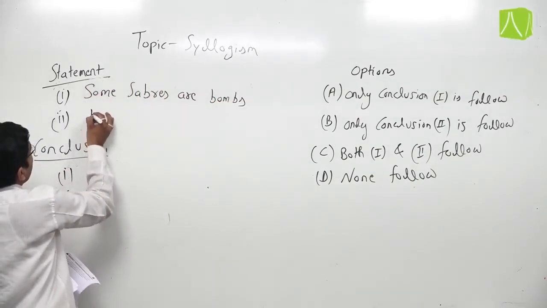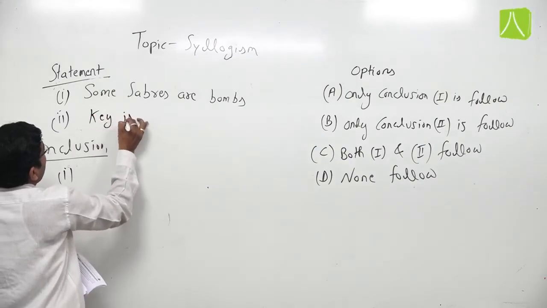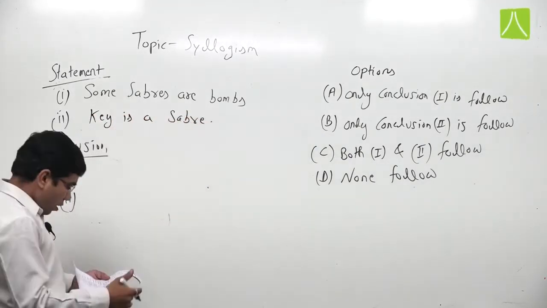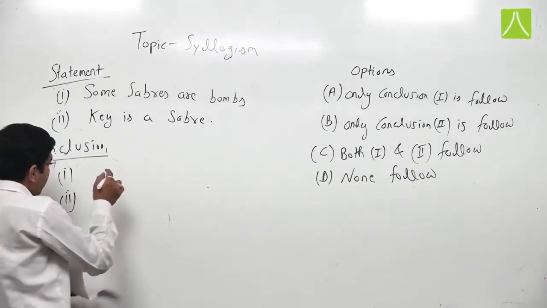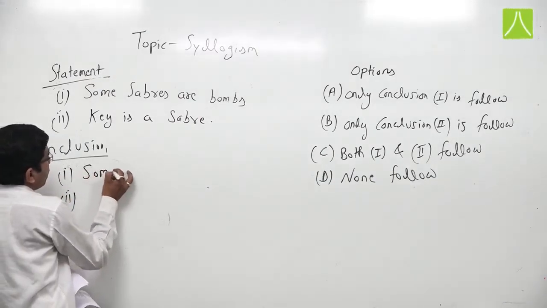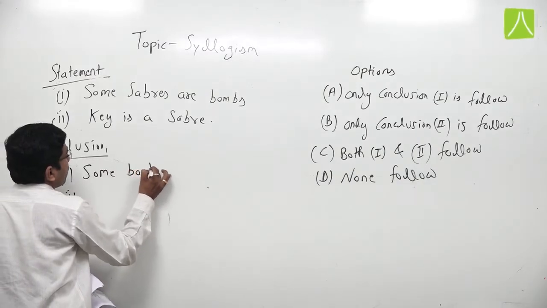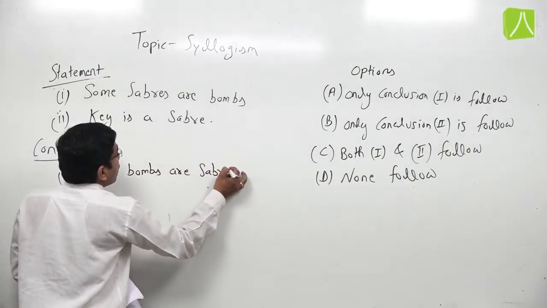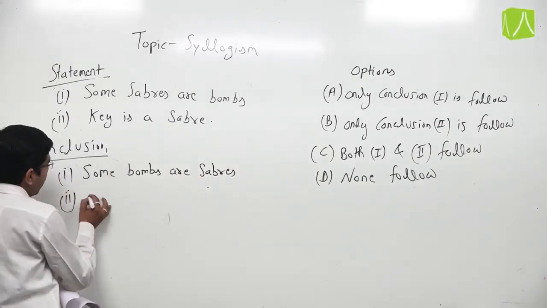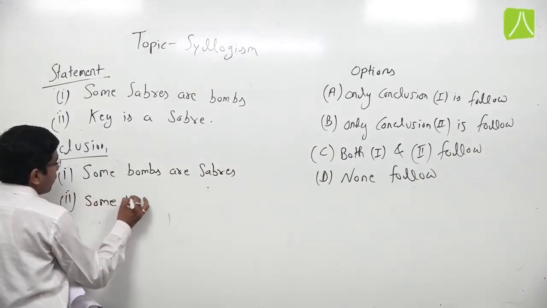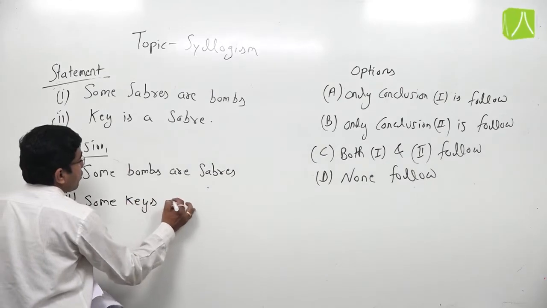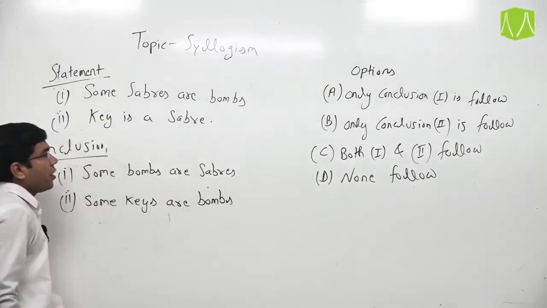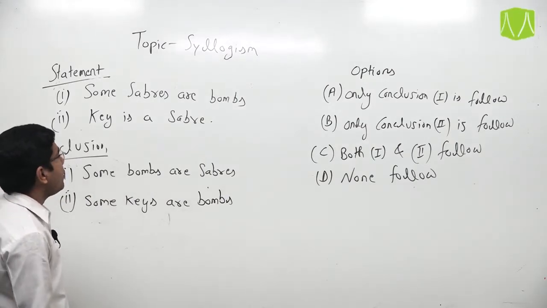Second statement: key is a saber. Now we have to check two conclusions. First conclusion: some bombs are sabers. Second conclusion: some keys are bombs. Now first we make the basic diagram.